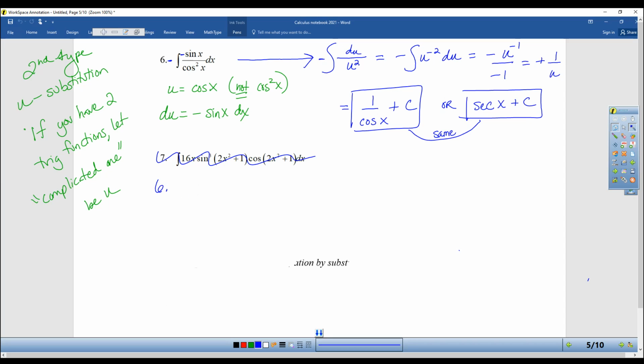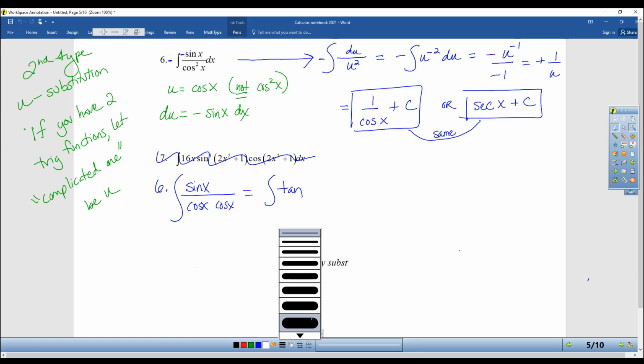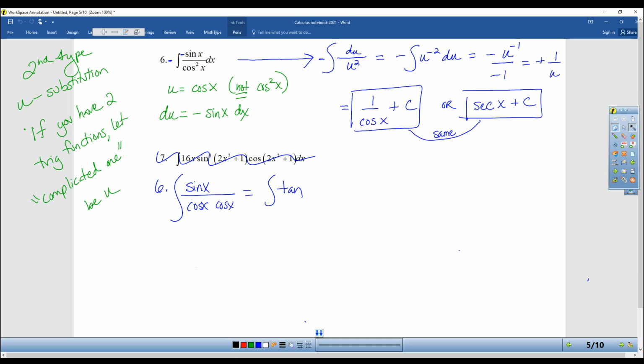Number 6, if you think of it, then you could have said to yourself, well, sine over cosine, one of the cosines, would be equal to tangent, and let me just cross that out, and then the other cosine could come to the top as secant, and then the integral of secant tangent is just secant.